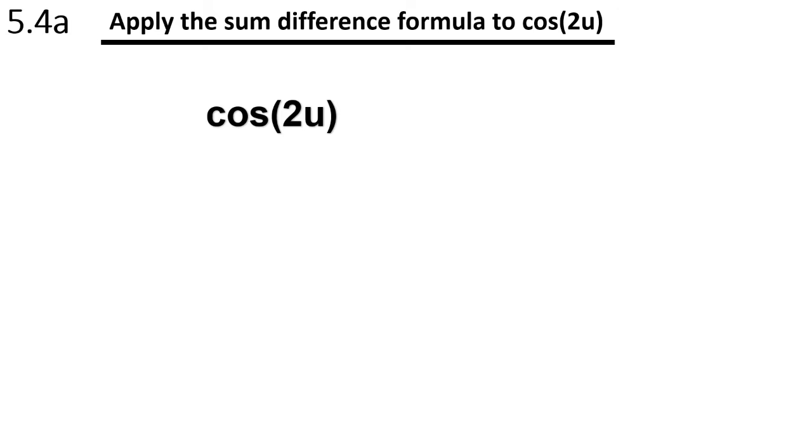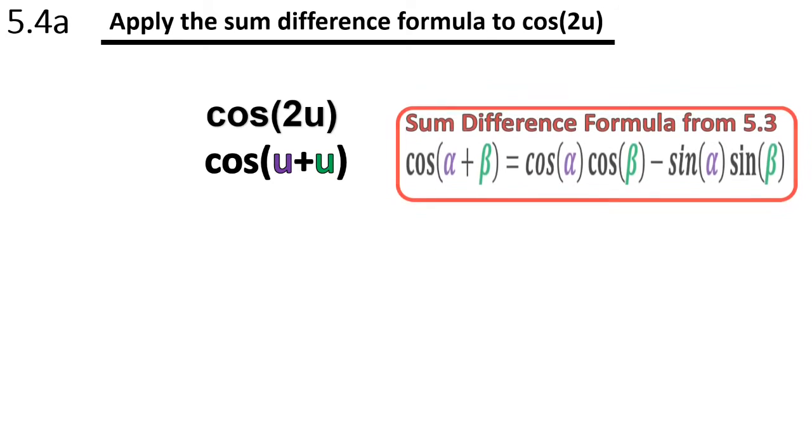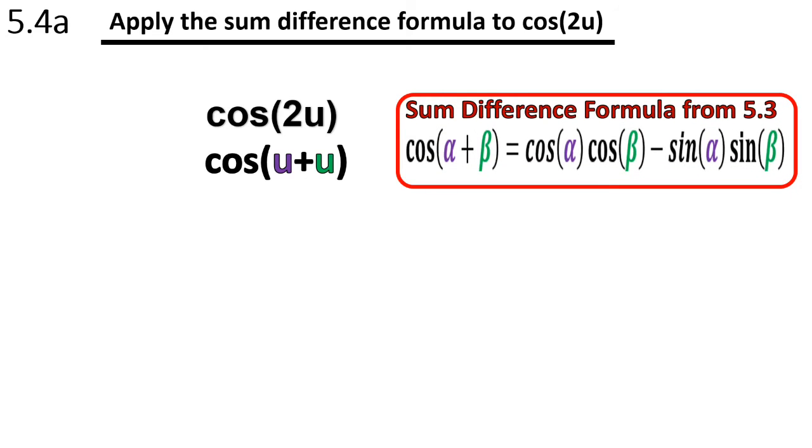We will begin by deriving the double angle formulas for cosine. To apply the sum difference property, we will need to rewrite 2u as u plus u. Here is the sum difference property from 5.3.